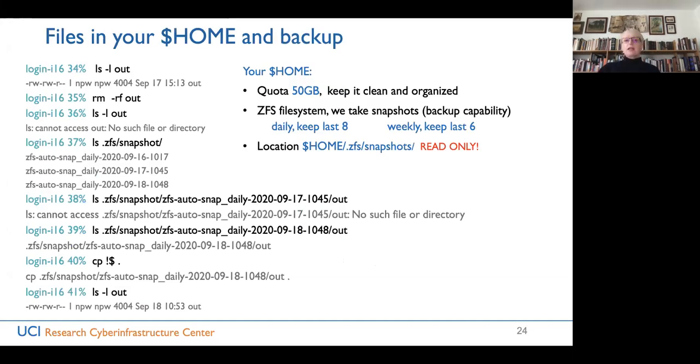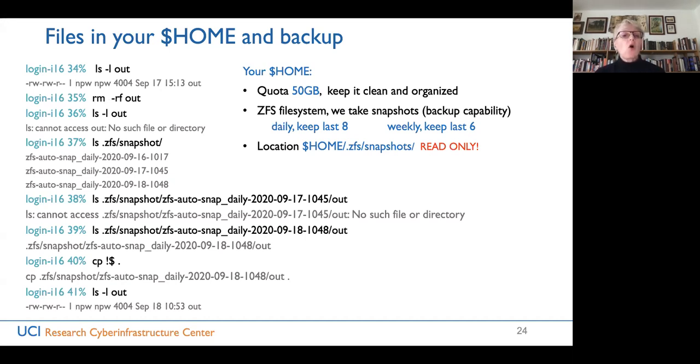The home directory has a backup. First of all, there is a quota on your home directory. The quota is set for everyone at 50 gigabytes. So try to keep it clean and organized and put there what's important for you and what needs to be backed up. Anything temporary, such as temporary files or job outputs that can be removed, please use another area for this.